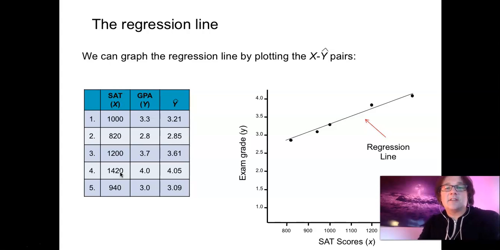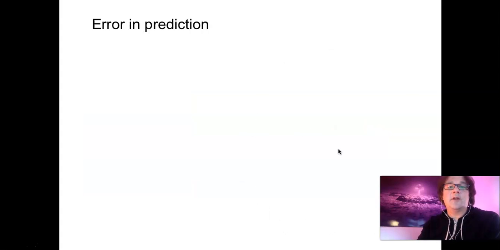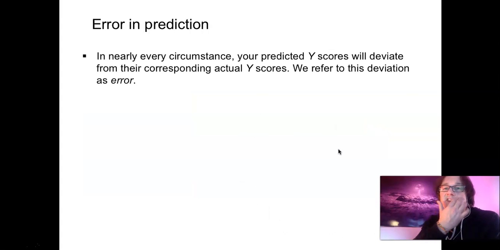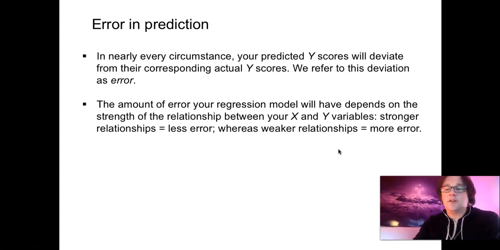And that makes sense. Some of these scores are going to be closer to the regression line, or the line of best fit, and some scores are going to be further away. This is what we mean when we talk about error that exists in our model. So in nearly every circumstance, our predicted Y scores are going to deviate from their actual Y scores. And that's okay. We refer to this deviation between actual scores and predicted scores as error, and all models are going to have some error.